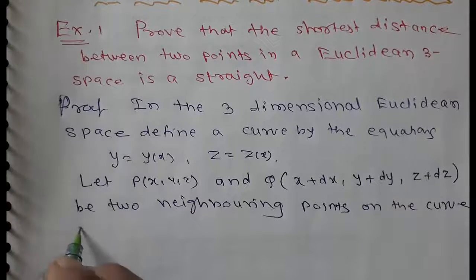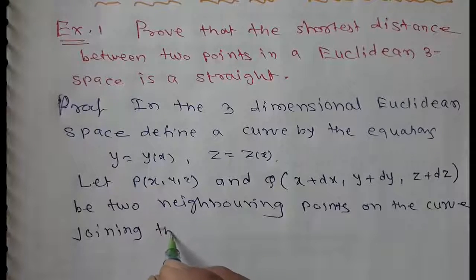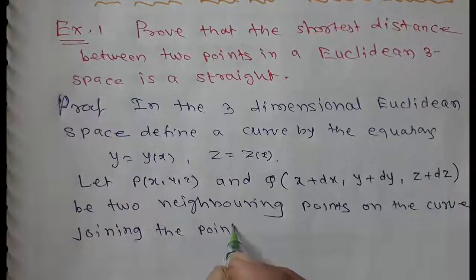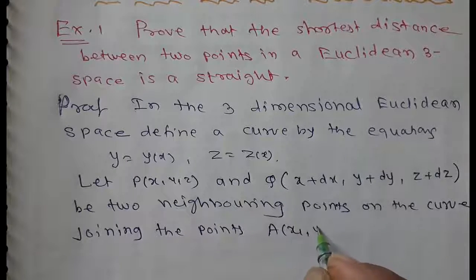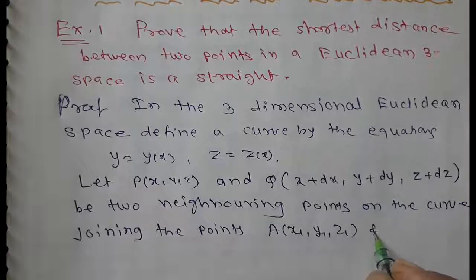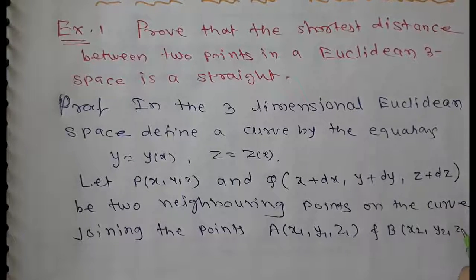joining the points A (x1, y1, z1) and B (x2, y2, z2).